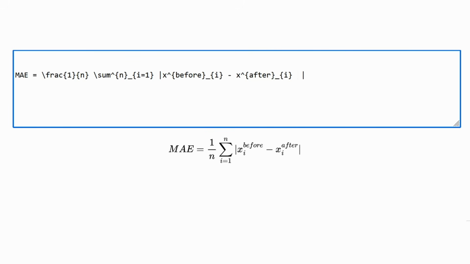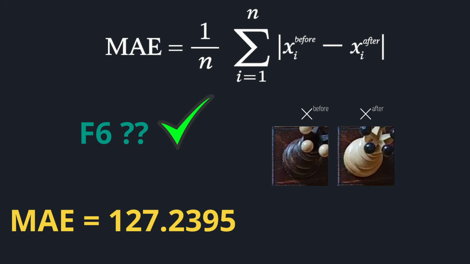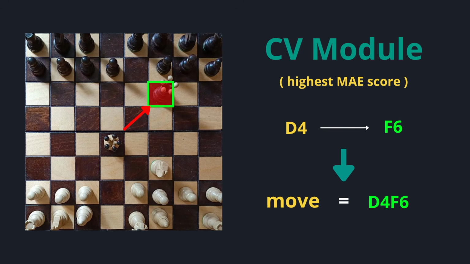So by comparing them, we can measure how different they are from each other. The full difference we're computing produces a single score that describes how different two images are in terms of color. So the system selects the candidate with the highest MAE score, then it constructs the right move and passes it to the parser.